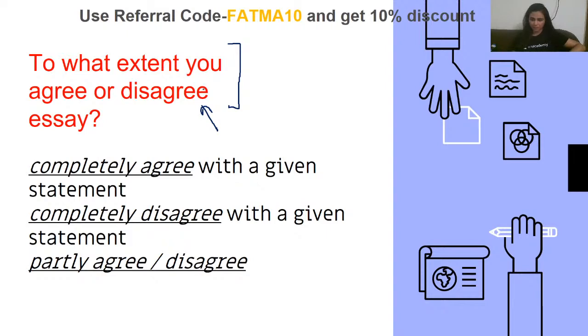In fact, you have 3 options. Either you can completely agree with what's mentioned in the question in the form of question statement. Either you can completely disagree with what's given in the question statement and have your points accordingly. Or, in fact, आप partially agree या disagree भी कर सकते हो, right?